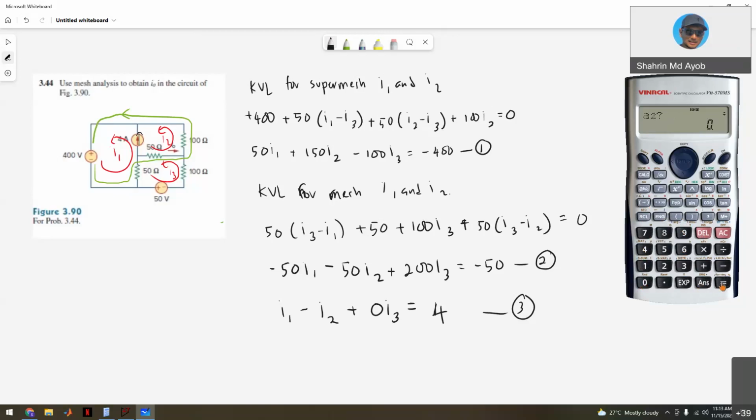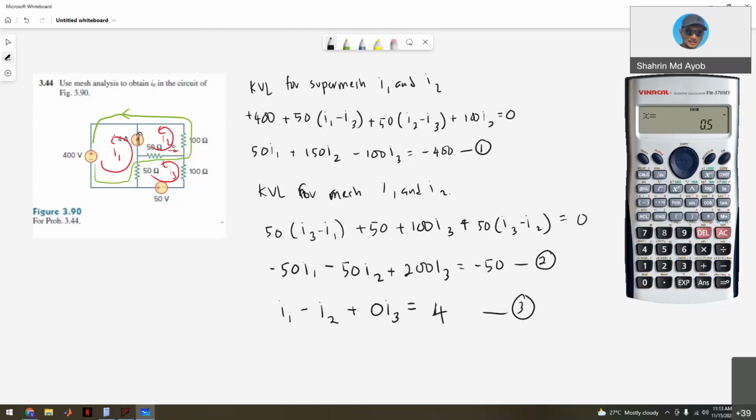My A2 is negative 50, negative 50, 200, negative 50, and the third equation is 1, minus 1 and 0 is equal to 4.